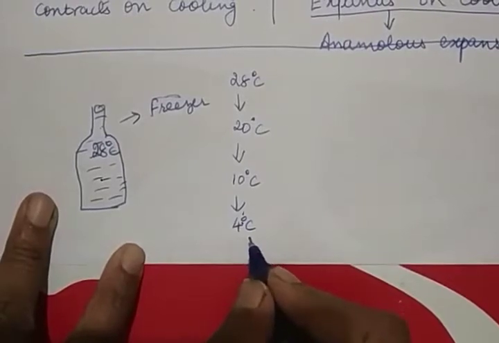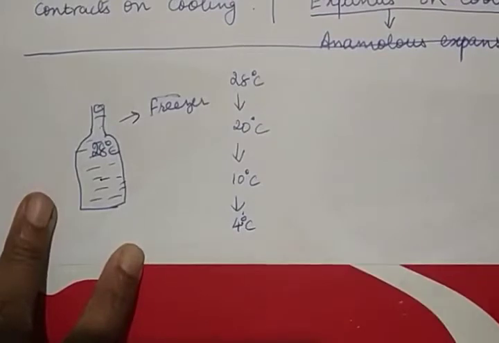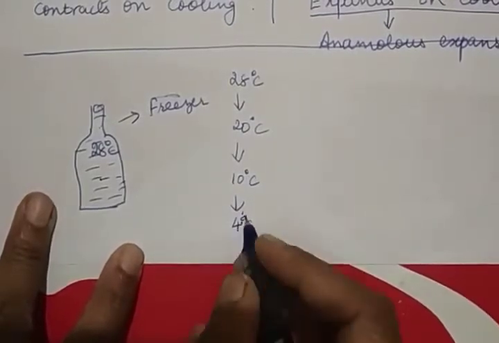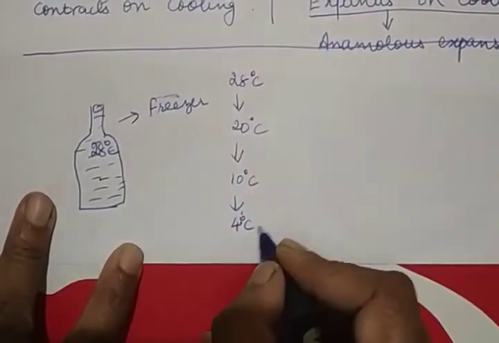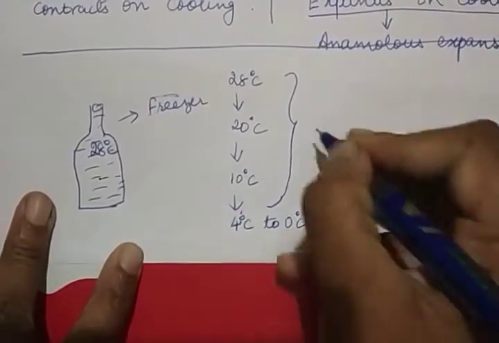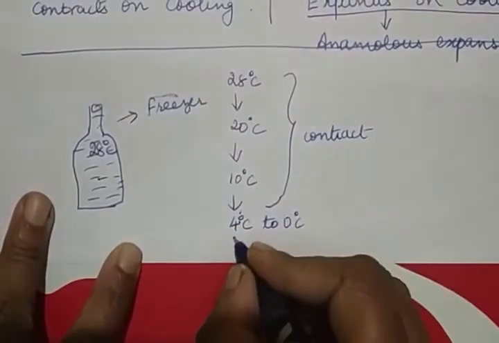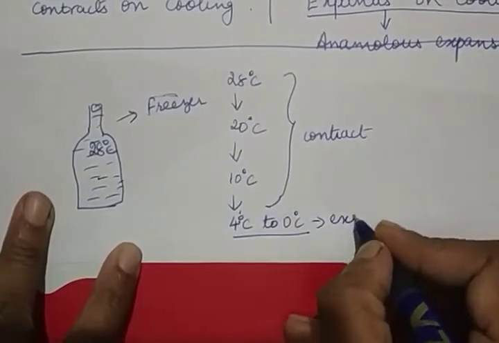instead of contracting, it will start expanding. Instead of contracting, it will start expanding. So 4 to 0. Till this, it was contracting, but only from 4 to 0, it started expanding.